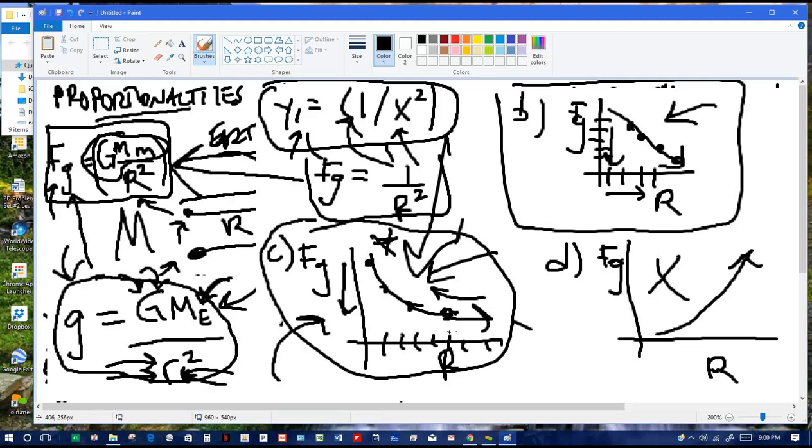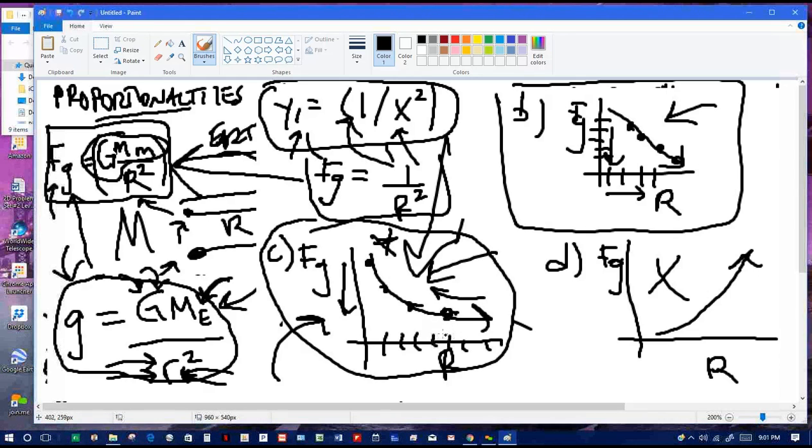Yeah, you could. If you're heading in this direction, what's happening to r? It's decreasing. That's like the spacecraft moving towards the Earth, right? R is decreasing. What happens to the force of gravity value on that graph as r gets less, less, less?